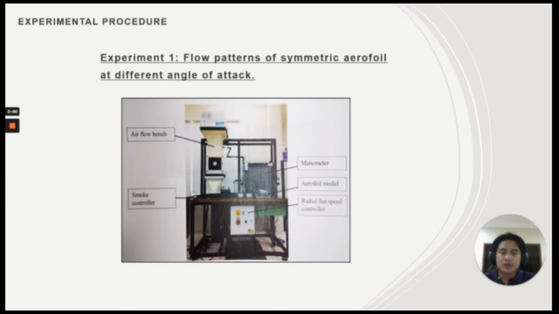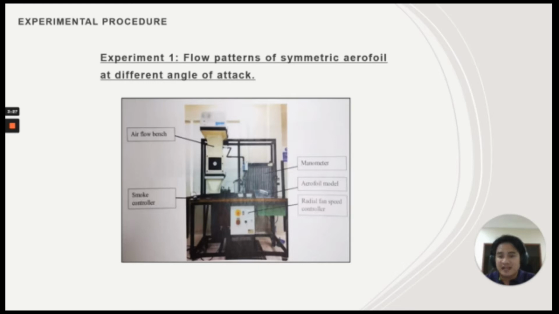For experiment 1, which is flow patterns of symmetric aerofoil at different angles of attack. The experiment setup is shown in the figure. The aerofoil model is attached and screwed to the airflow bench.